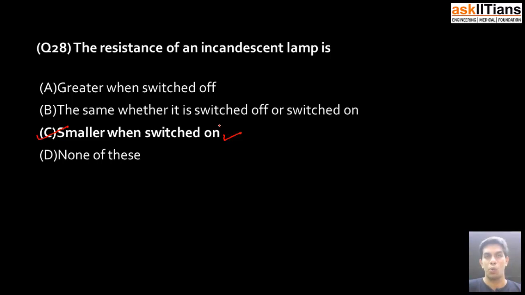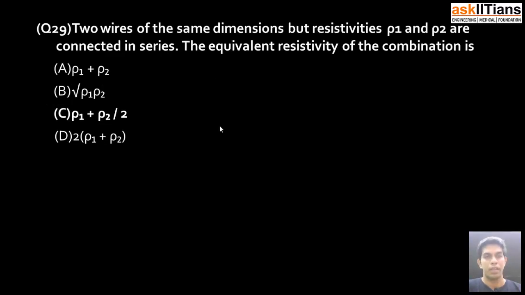Moving on to the 29th question. Two wires of the same dimension but resistivity ρ1 and ρ2 are connected in series. The equivalent resistivity of the combination is. So I have over here a wire whose length is L, area of cross section is A, resistivity is ρ1.